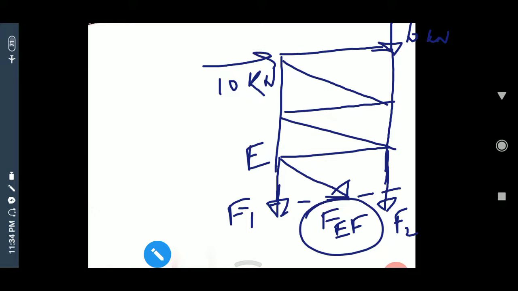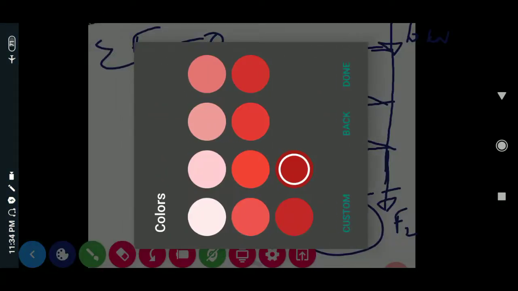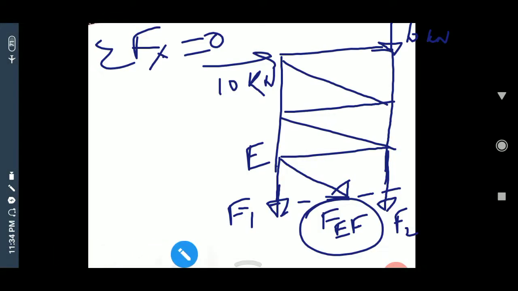If we go on through the method of sections, we have the equilibrium condition of summation Fx equal to 0. So if we look at the whole picture, then applying summation Fx equal to 0, and this angle was given as 45 degrees.